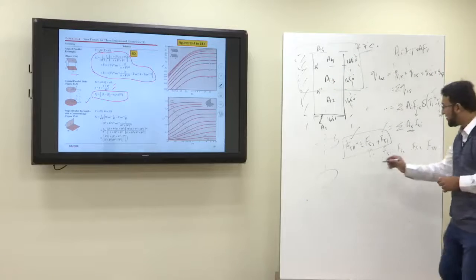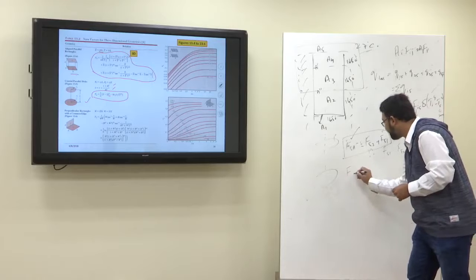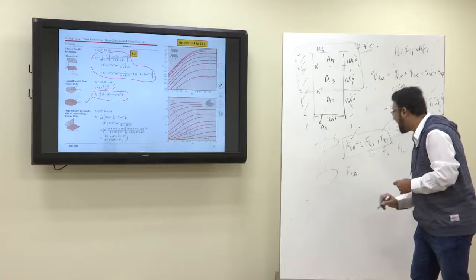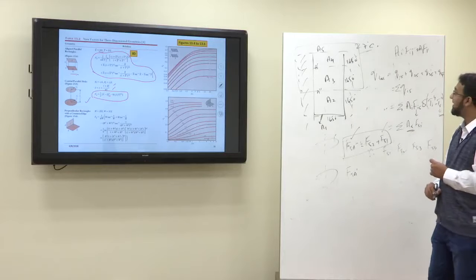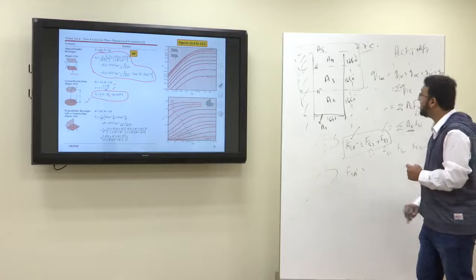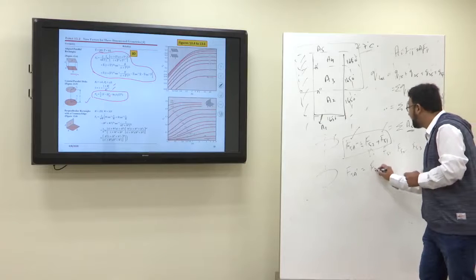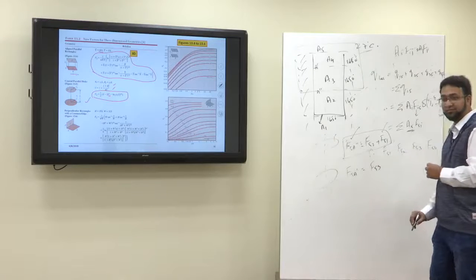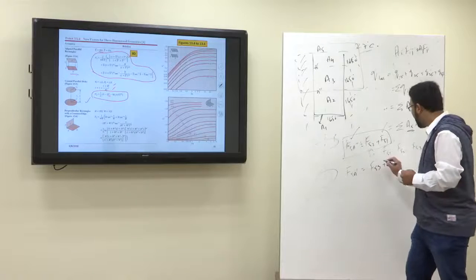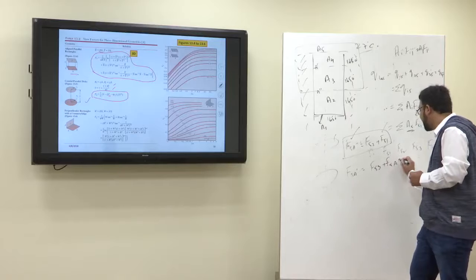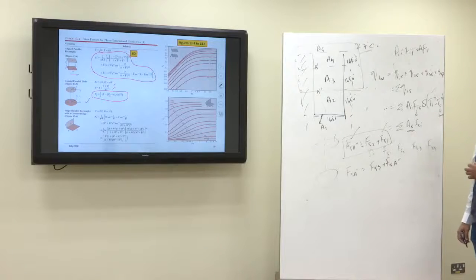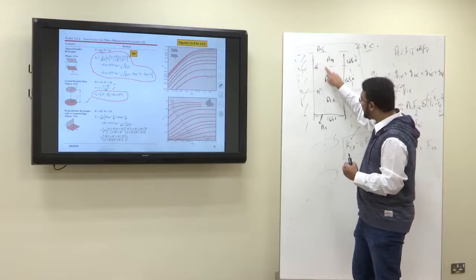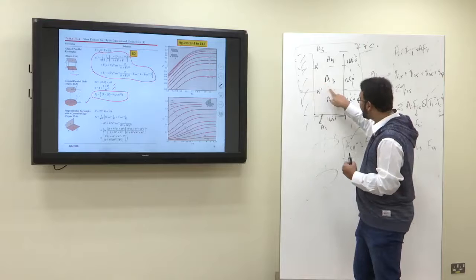And now the equation will be: F5-A dash is equal to F5-3 plus F5-A double dash.